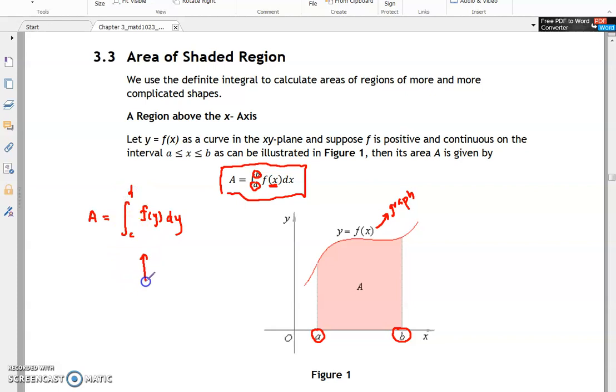For example, if you have a graph something like this, with x equals f(y), and I want to calculate the area somewhere here, I will name the limits c and d.